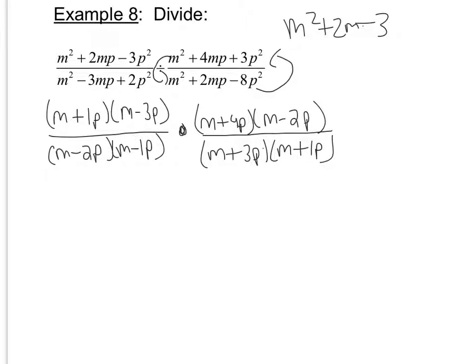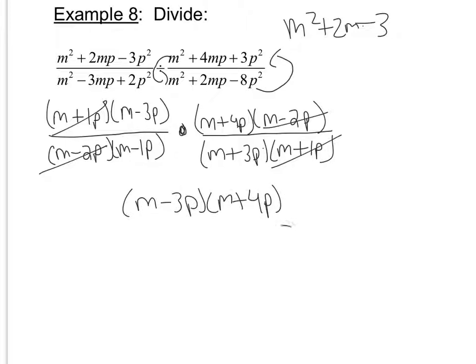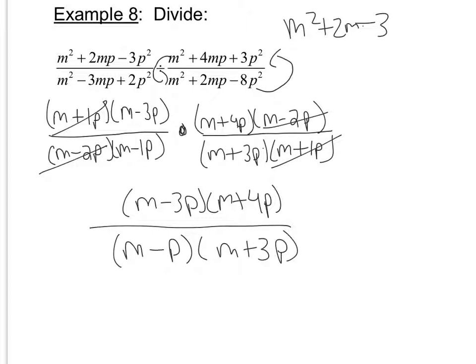So I see this and this and this and this, but that's it. So you have m minus 3p, m plus 4p, m minus p, m plus 3p. And there we go. Okay, so let's take a look at some more division ones.